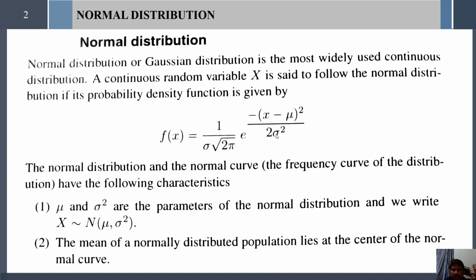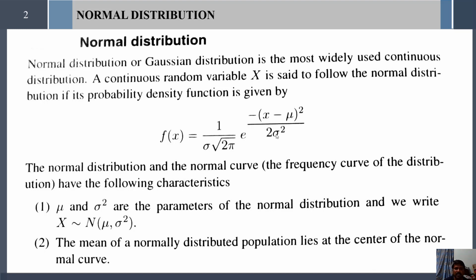Normal distribution has some unique properties, and the corresponding normal curve is a bell shaped curve. This normal curve can also be termed the frequency curve of normal distribution, which is always bell shaped.